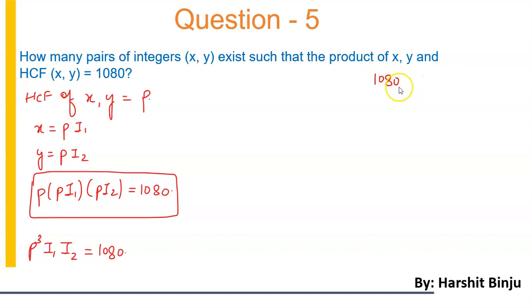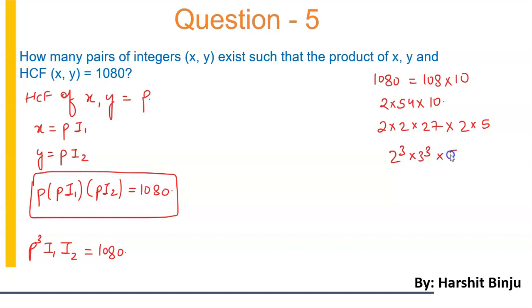Now I have to first of all prime factorize this, because unless and until I do that I can't do anything. So this is 108 into 10, which is 2 into 54 into 10, which is 2 into 2 into 27 into 2 into 5, and that is 2 cube into 3 cube into 5.